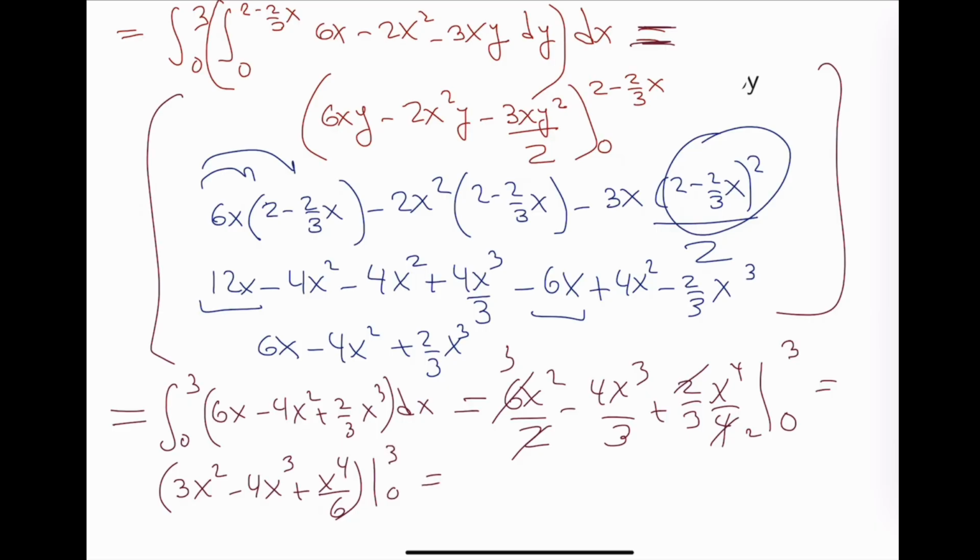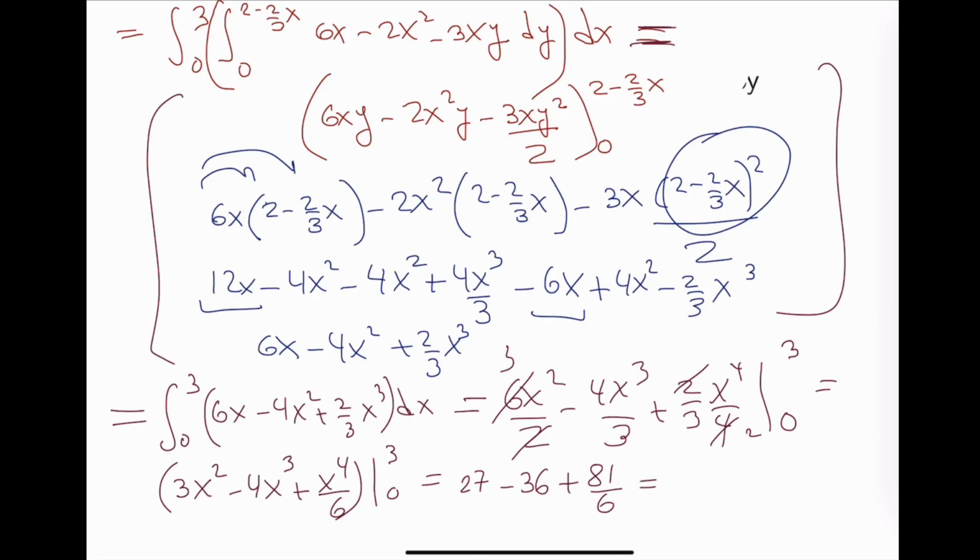So we substitute there 3, we have here 3 squared times 3, this is 27, minus 3 cubed times 4, this is 36, and then plus 3 to the 4th power, this is 81 over 6.